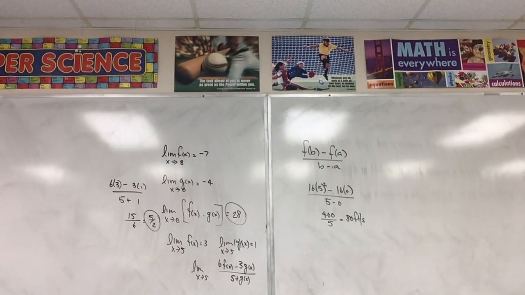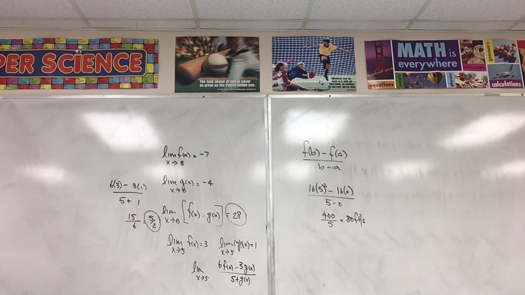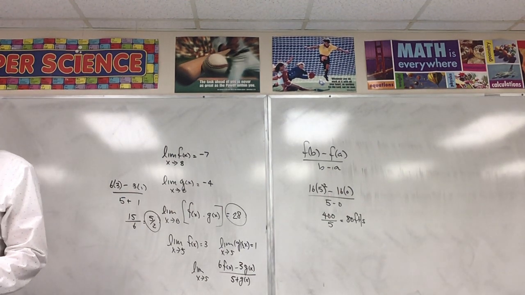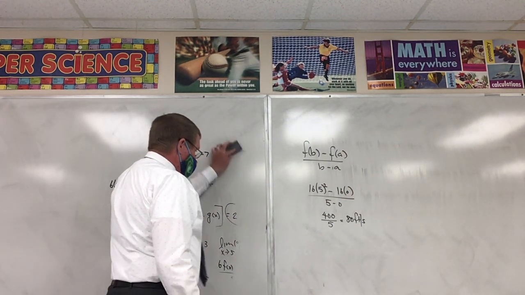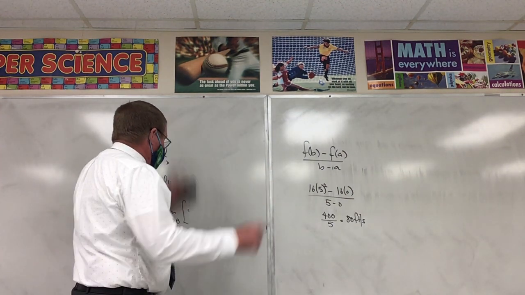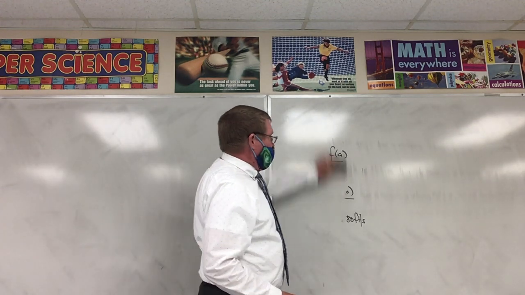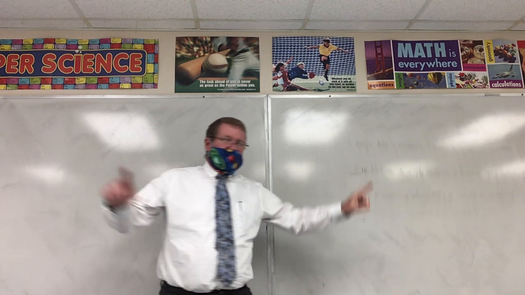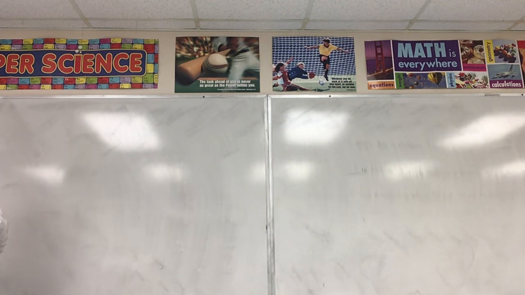Okay? All right. So today we want to talk about limits involving infinity. We talked about that a little bit yesterday, showing that the limit as x approaches infinity, and the limit as x approaches negative infinity, going to the extremes, will give me what is known as my horizontal asymptotes.